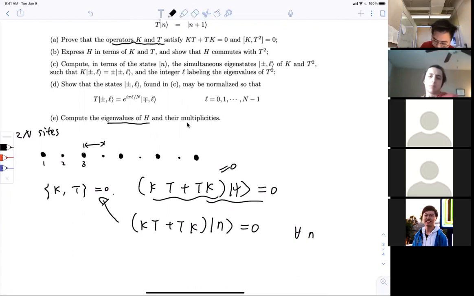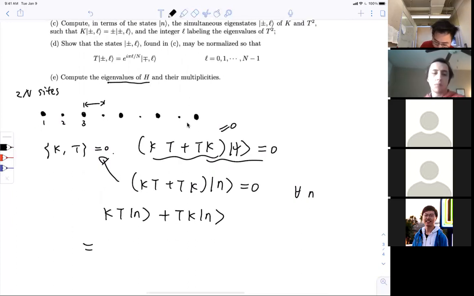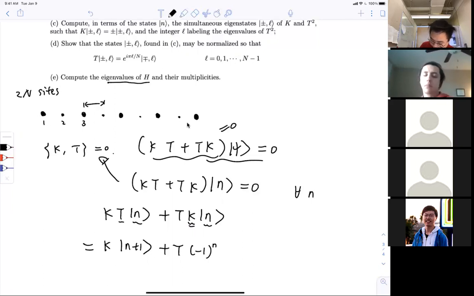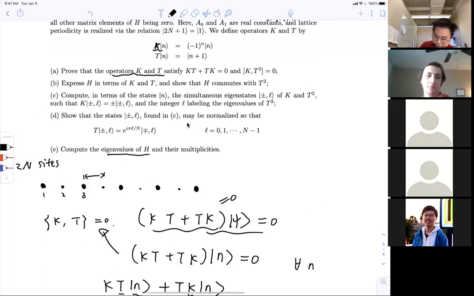To show that, it's quite straightforward. T acting on n gives us n plus 1. K acting on n is given according to the definition here.